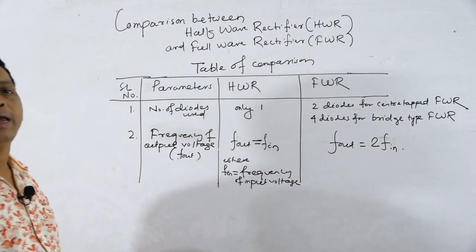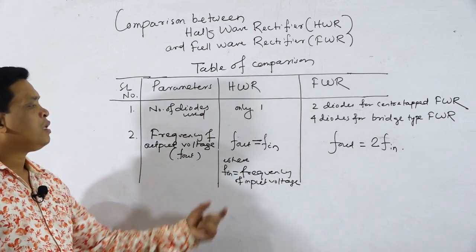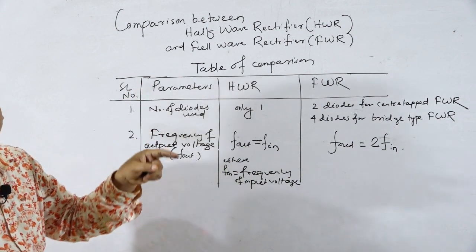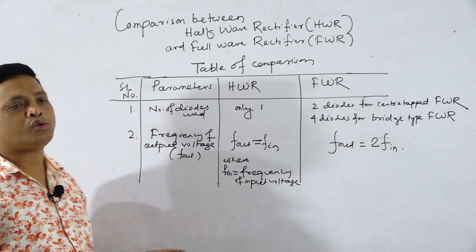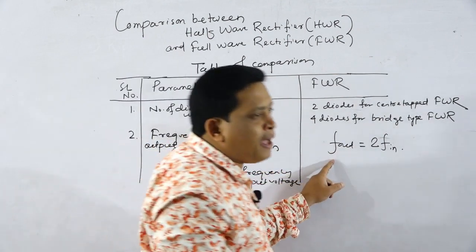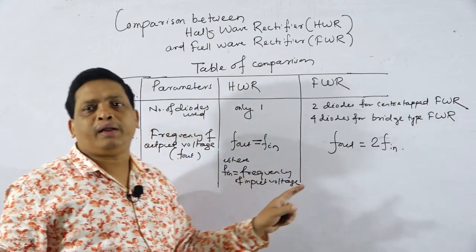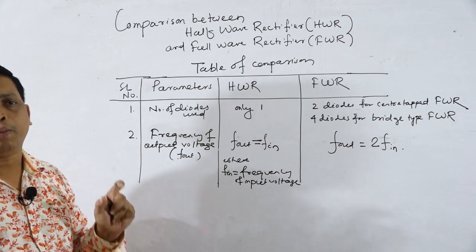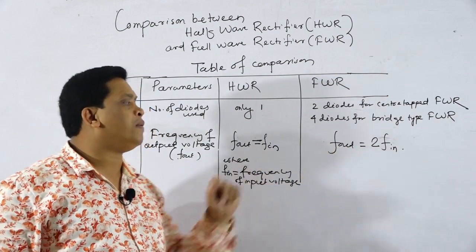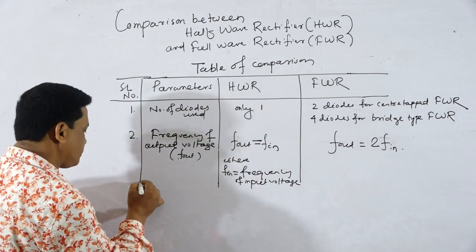I explained to you that in case of half wave rectifier, when input is completing 1 cycle, output is also completing 1 cycle. But in case of full wave rectifier, when input is completing 1 cycle, output is completing 2 cycles. Therefore, its frequency is double.